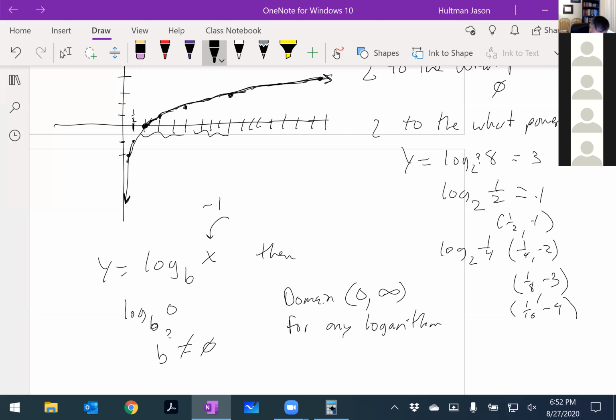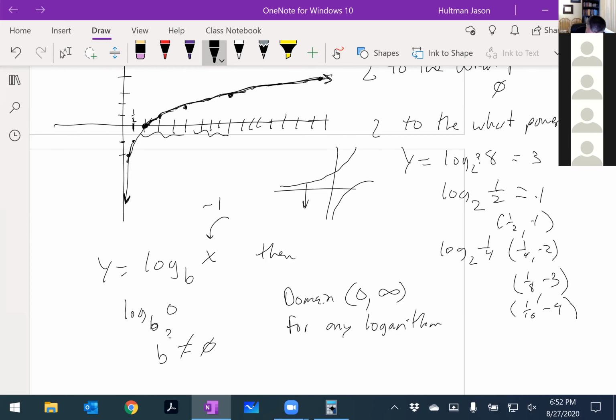Why? Because if we look at our exponential, what can the range not be here? The range is going to approach 0, but it's never going to get there. So the range is always positive. That means in the inverse, the domain is always positive.